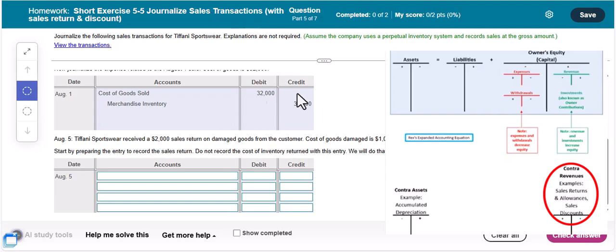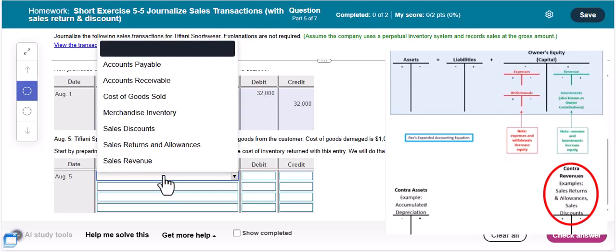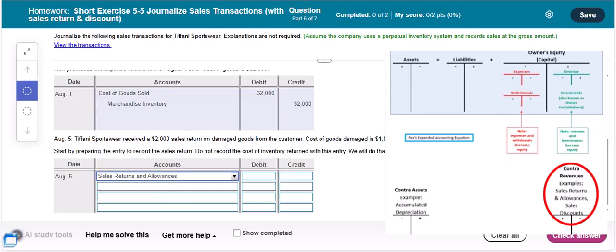So again, when our customer returns some of our sportswear, we're going to reverse this transaction, but instead of reversing the sales revenue directly, we're going to use that account called sales returns and allowances. So that is here. And here is our expanded accounting equation, but this time notice I have some contra accounts down below.